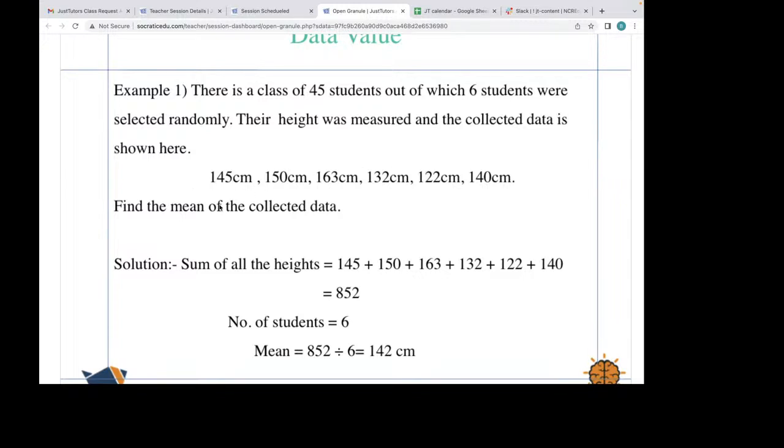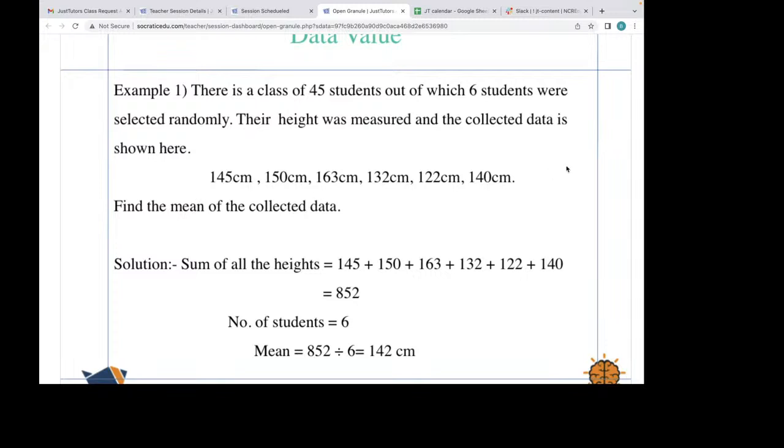So the measurements were 145 centimeters, then 150 centimeters, then 160 centimeters, then 132, 122, and then 140 centimeters.